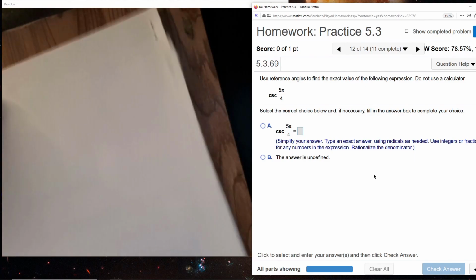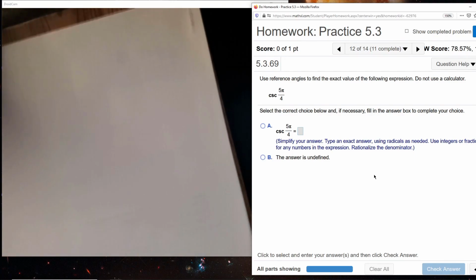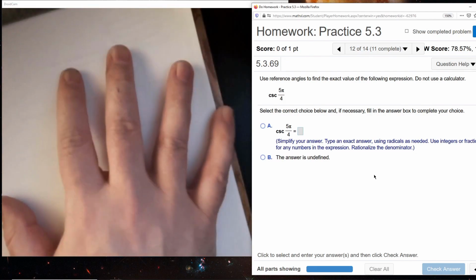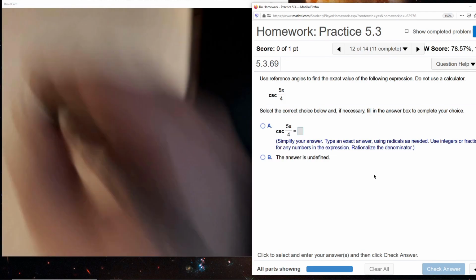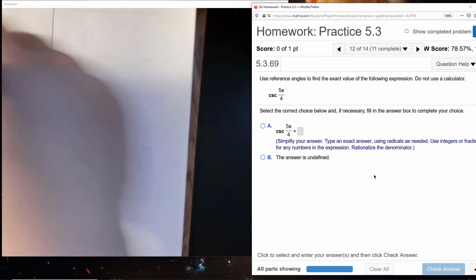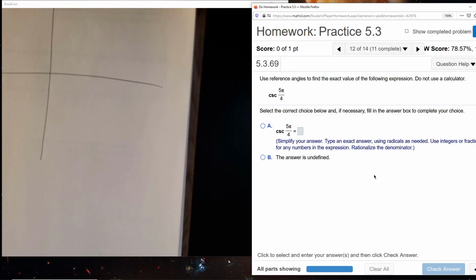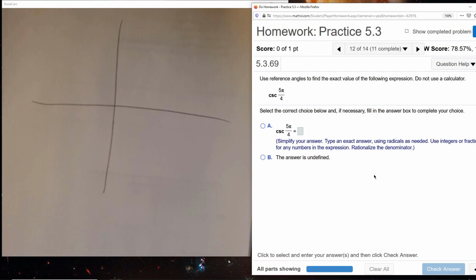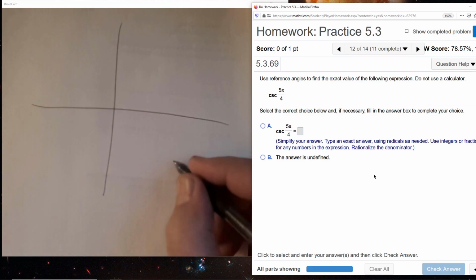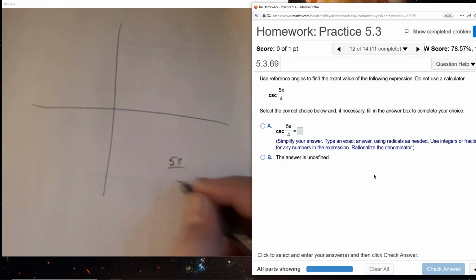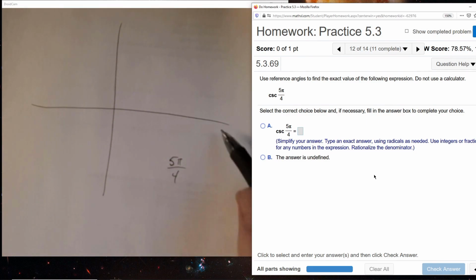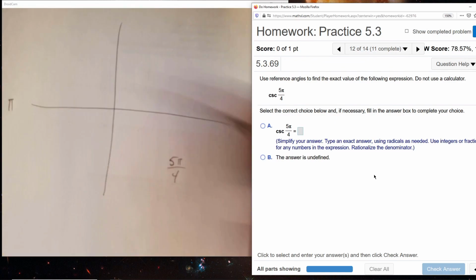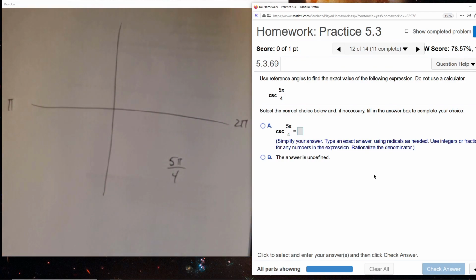So find another value using reference angles. Got a cosecant here. And let's look at what quadrant we're in. So we got 5 pi over 4. And you want to check pi and 2 pi.